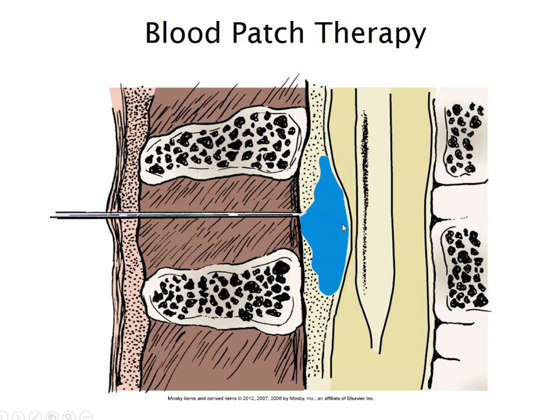So what we're hoping is that that blood forms a clot, which then pushes on here and then stops the leakage. Okay, so it creates a clot that gets up against that puncture and it stops the leakage, which then will allow the pressures in the spinal system to equalize, and that is how the headache then is resolved.